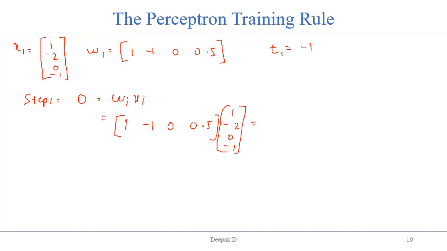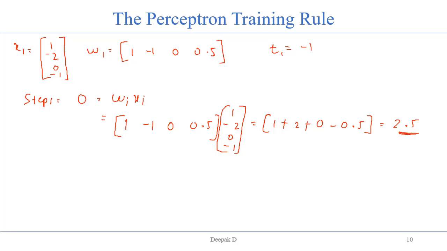So we receive the value as 1 plus 2 plus 0 minus 0.5. So here we get 2.5, the value that we have received here.